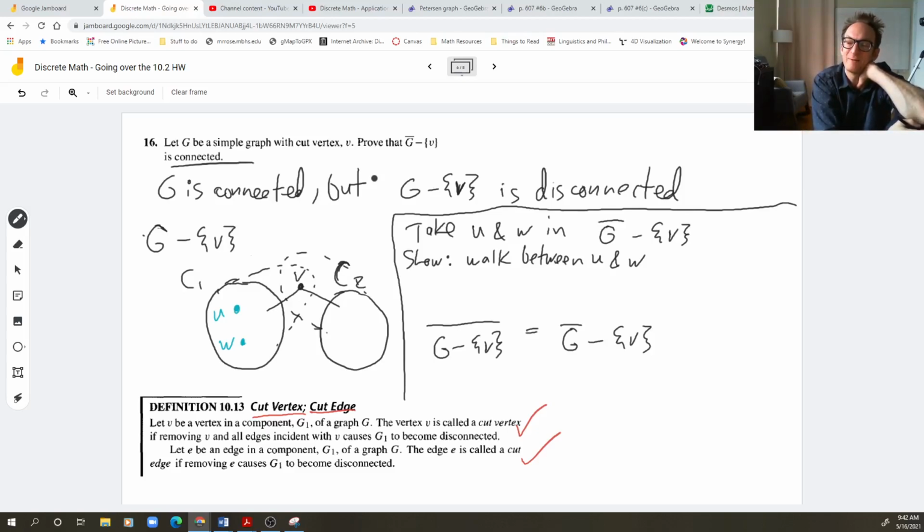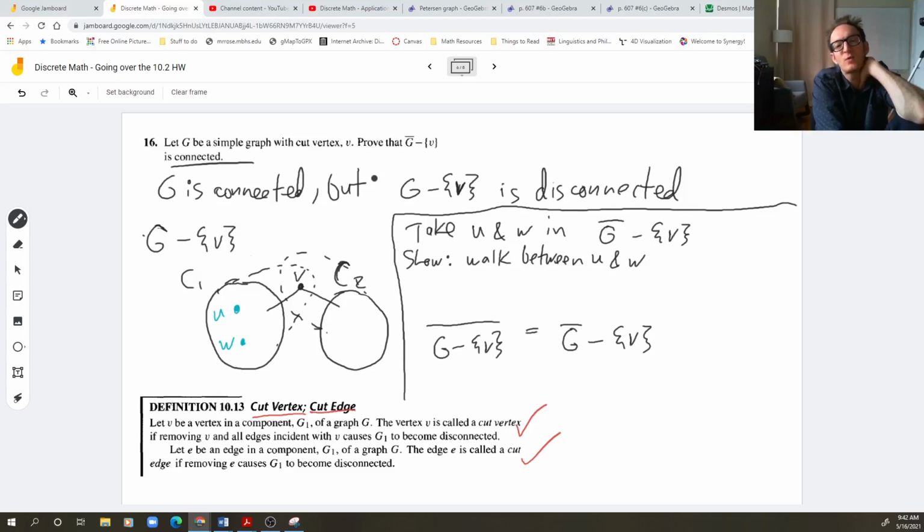The complement of that will be what it is, okay? But over here, what do I get? The complement of that is going to have edges between all the other vertices if there weren't already. But over here, I first take G complement, and then I remove vertex V from that complement.